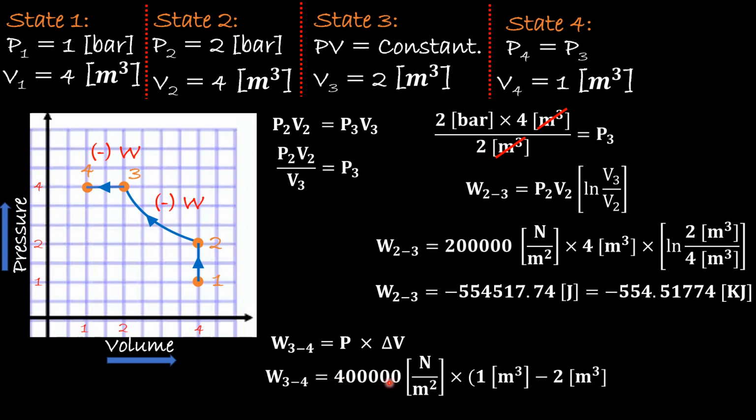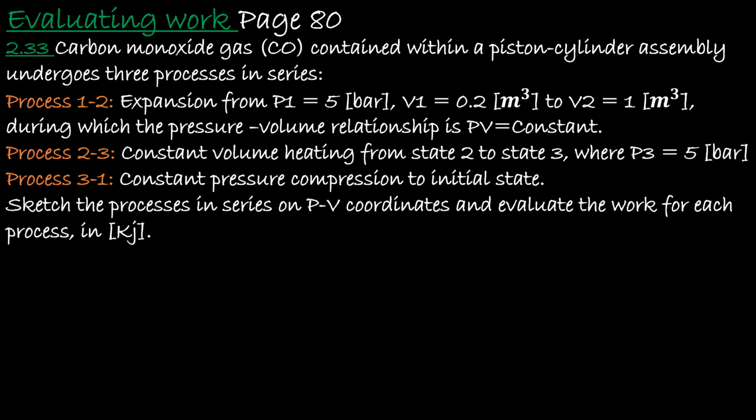Remember, 1 bar is equivalent to 100,000 Pascal. And as you can see, the change in volume is the final volume minus the initial volume. So that will give you a negative answer, negative 400 kilojoules. So this is the sketch, and for each process we found the work for it. Next problem.